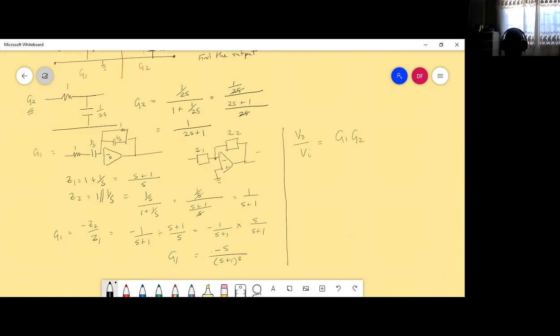And the transfer function for the inverting amplifier is minus Z2 over Z1. This part here is Z2, and this part here is Z1. So we just apply the inverting formula to it so that we can find out.